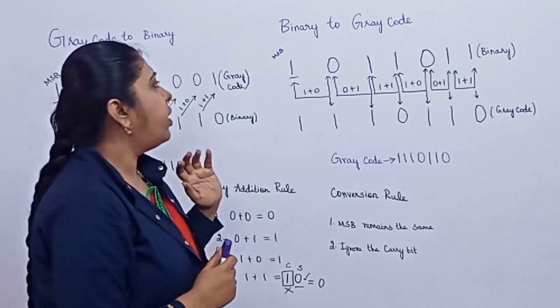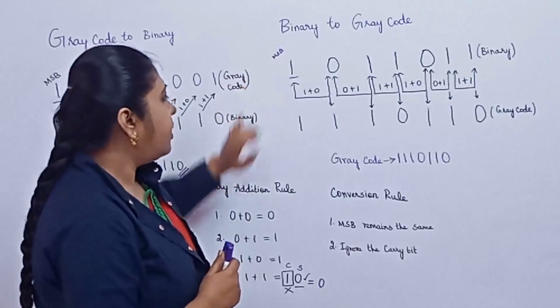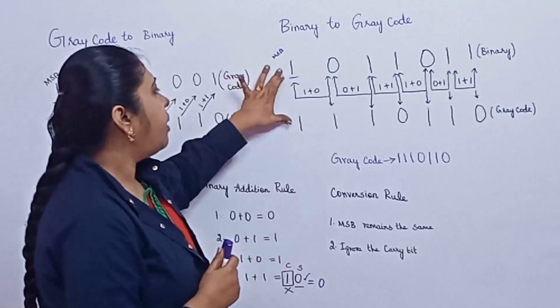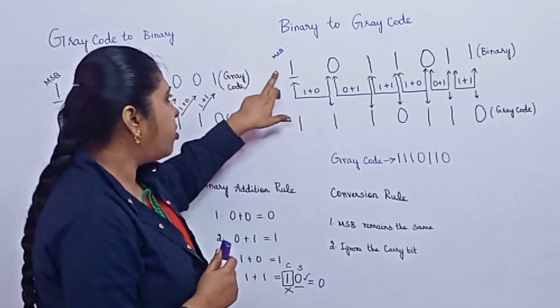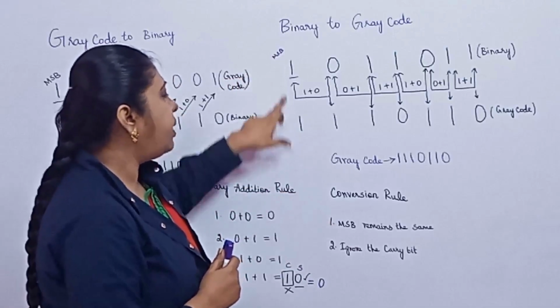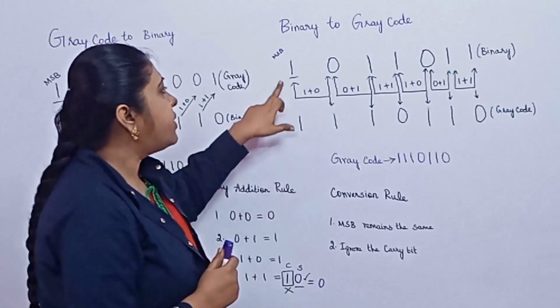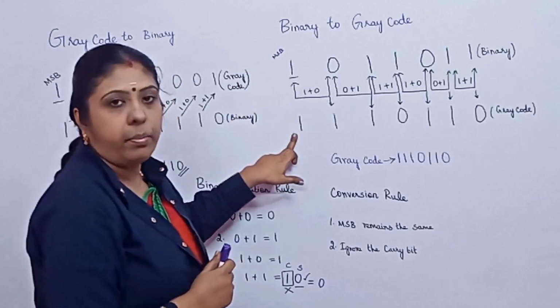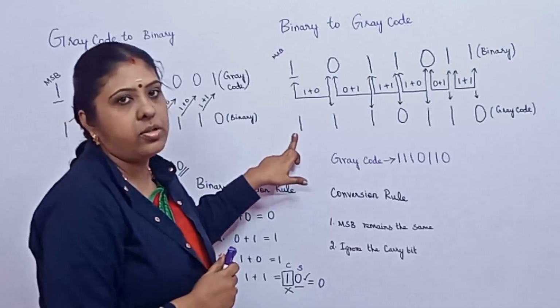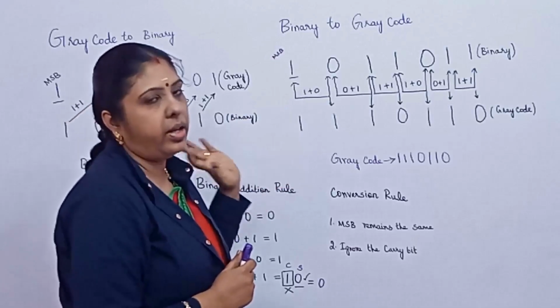In binary to gray code, the base idea is, as per the conversion rule, the MSB remains the same. That is the most significant bit. The first bit remains the same. So the same binary bit can be repeated here in the gray code also. That will be the first bit of the gray code.